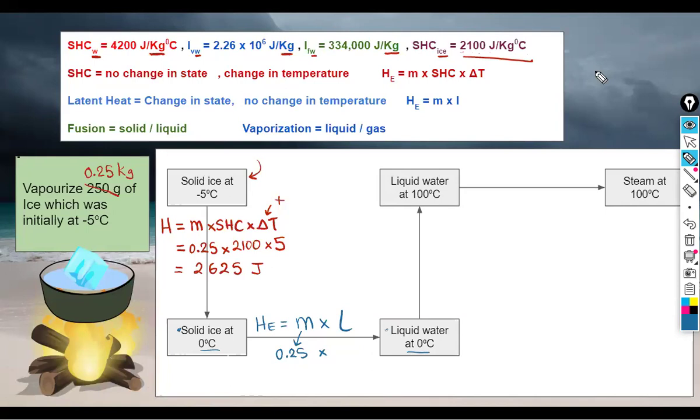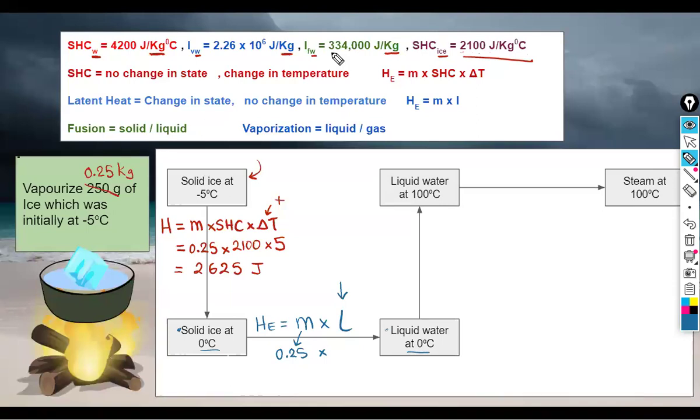It's a latent heat question. So, common sense would say it's between the blue and the green. Because it's a latent heat value. The red is specific heat capacity and the purple is specific. We need something with an L. I think the answer would be green.